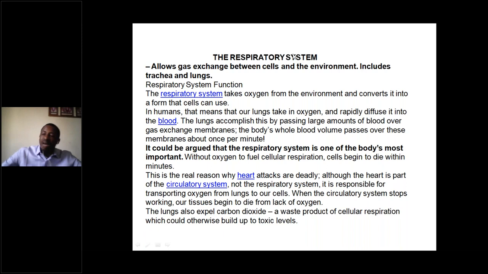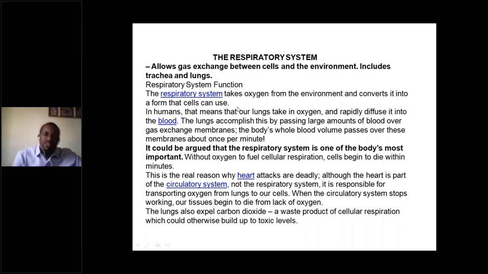Some of these gases are what the cells need for their metabolism. So the respiratory system allows that coordination. The respiratory system includes the trachea and the lungs, and in our next class, I'll bring a picture of that so that you are able to relate what we are saying to reality.